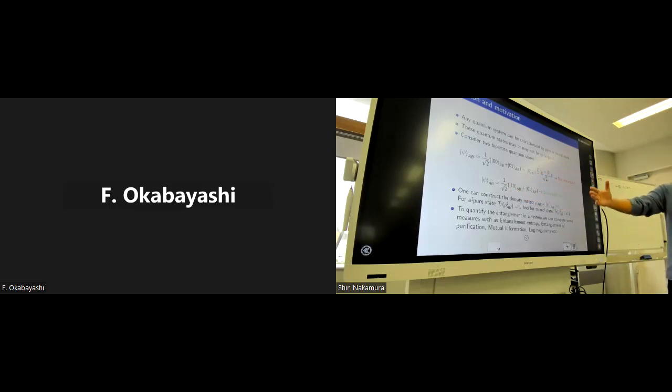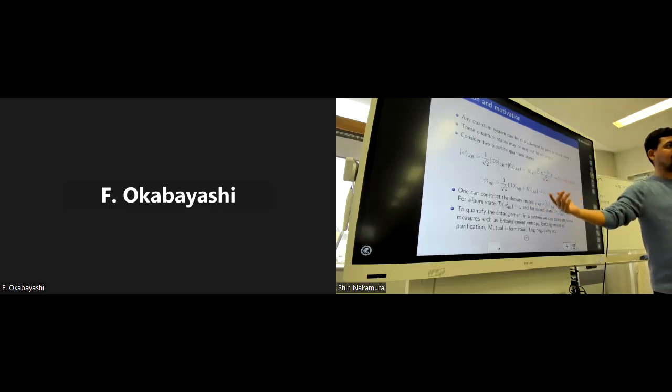Now, if you have a state, you can construct something called the density matrix. For a density matrix, you take this product, and that is your density matrix. If you have a mixed state, then there is no notion of a state; you cannot define the state in the case of a mixed state. You directly start from the density matrix.